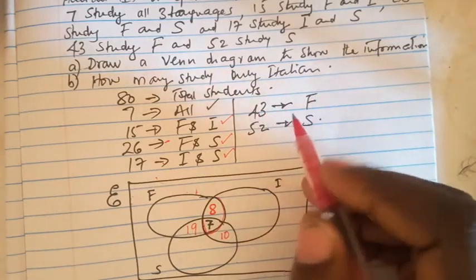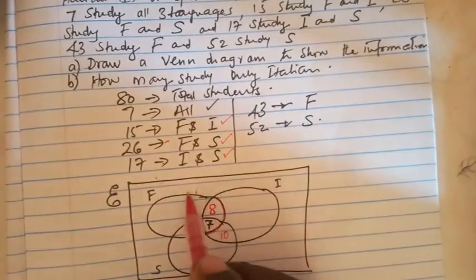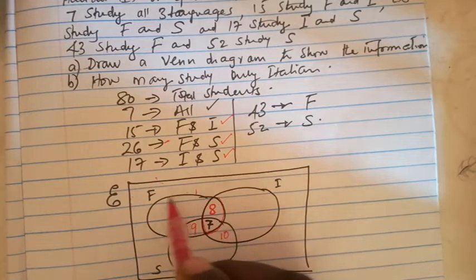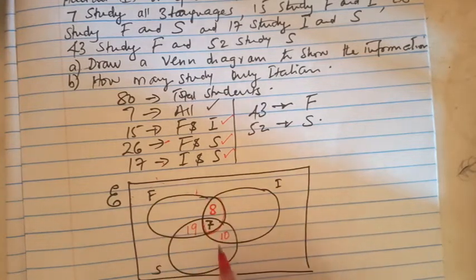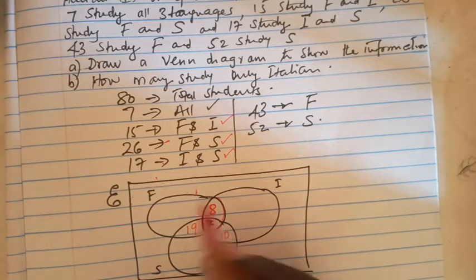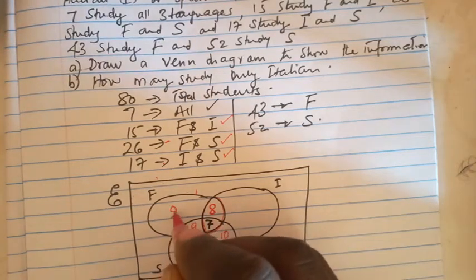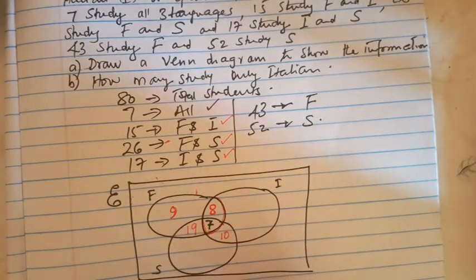43 are doing French. So in total, the people who are doing French should be 43. Already we have captured 19 plus 7, that is 26, plus 8, that is 34, and we need 43 in total. So 43 minus 34 is 9. So 9 is the number of students that are only doing French and no other language.